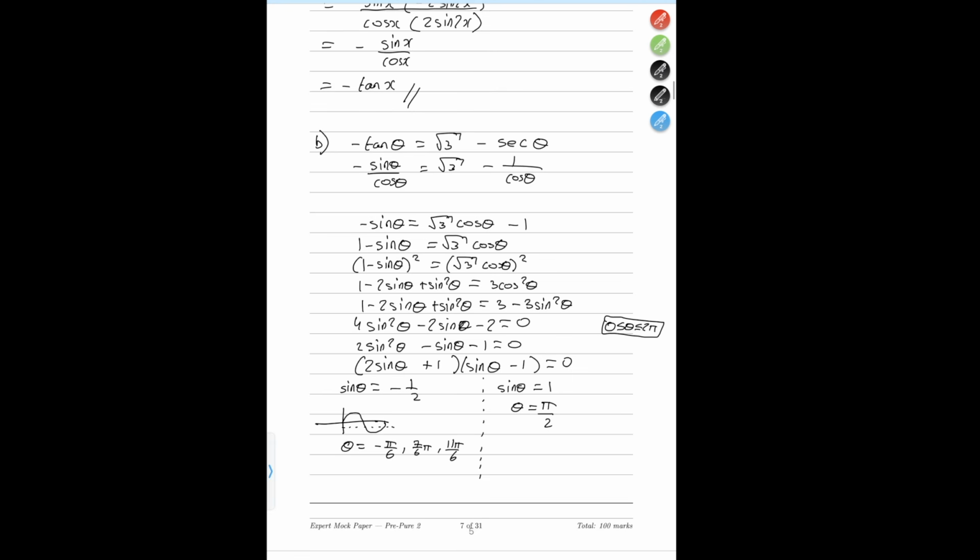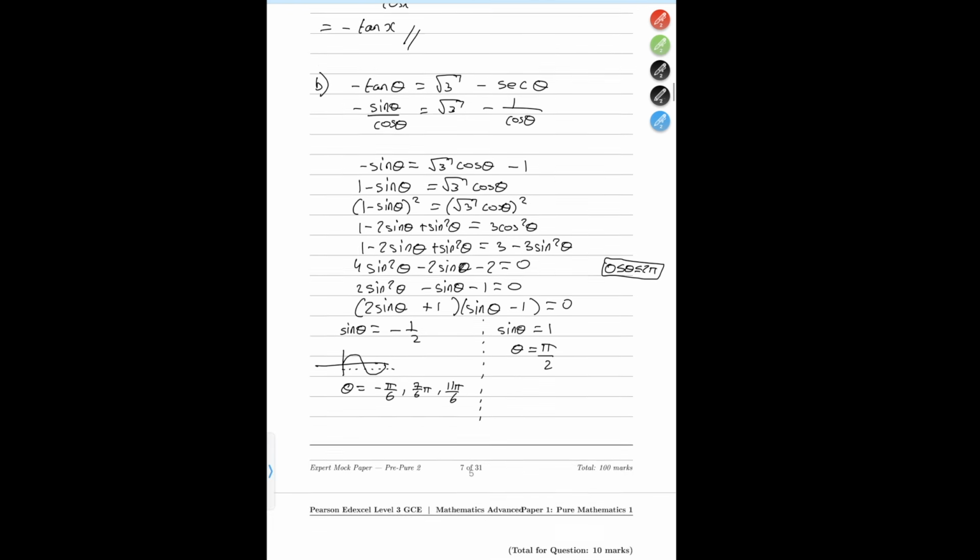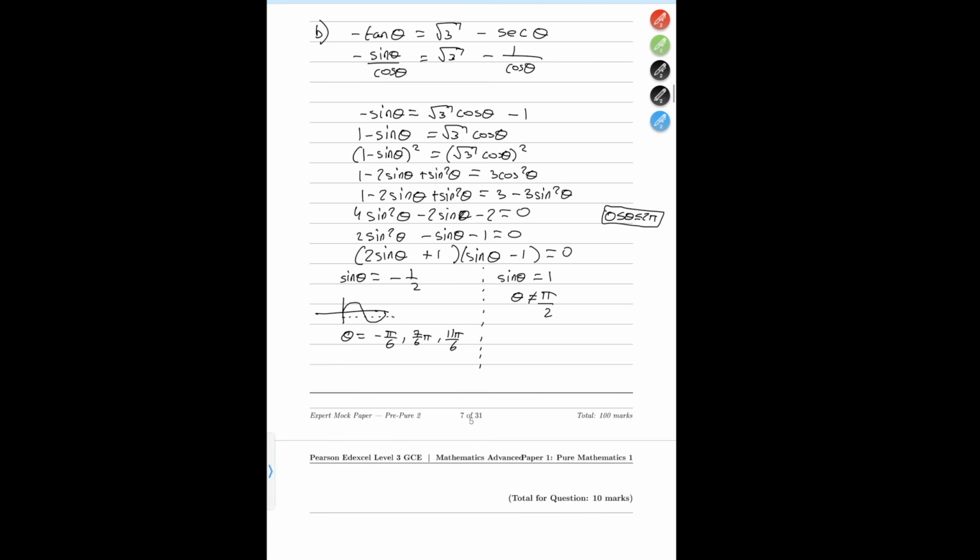However, cos of pi over 2 is 0. So we're not actually allowed to have theta as pi over 2 because this makes the equation undefined. So therefore, theta is not equal to pi over 2 as it doesn't work with the original equation.